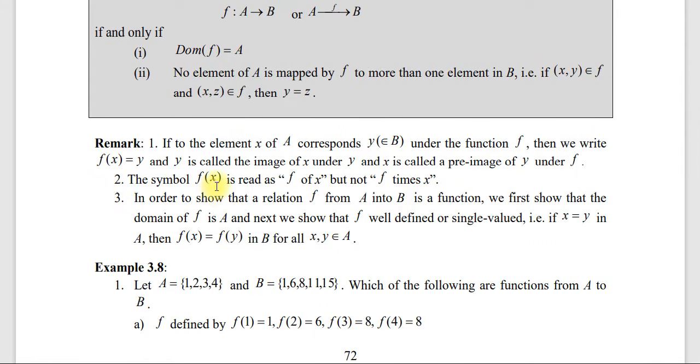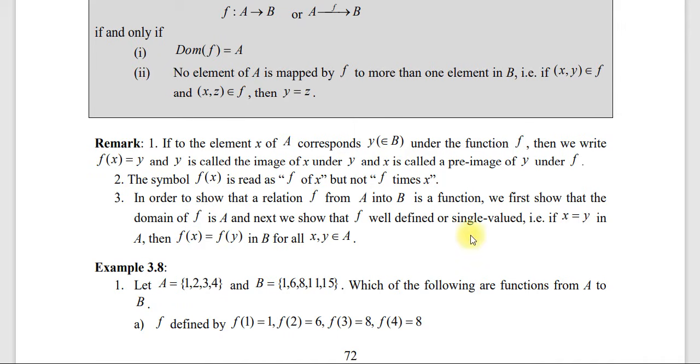Number 2: the symbol f of x is read as f of x, but not f times x. Third: in order to show that a relation f from A to B is a function, we first show that the domain of f is A, and next we show that f is well defined or single valued.